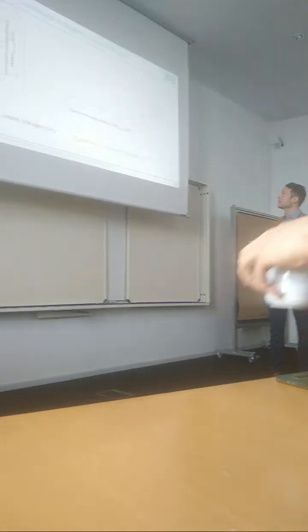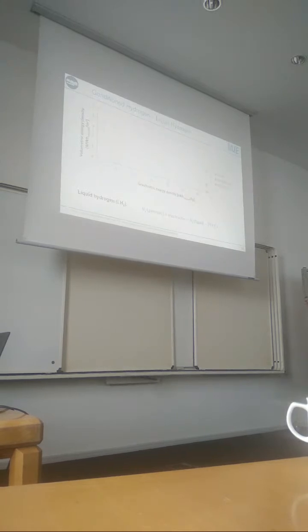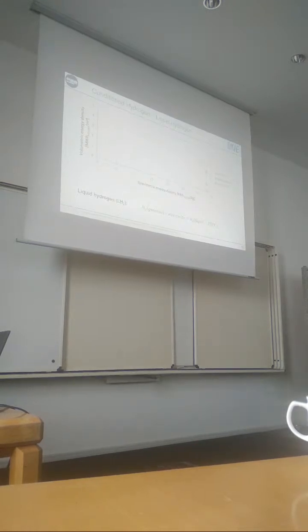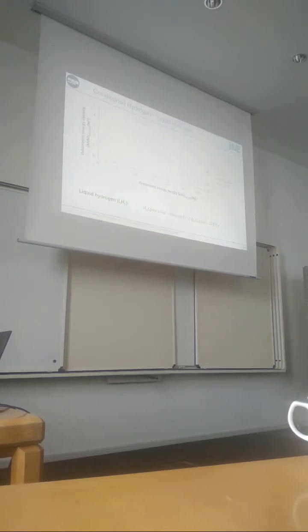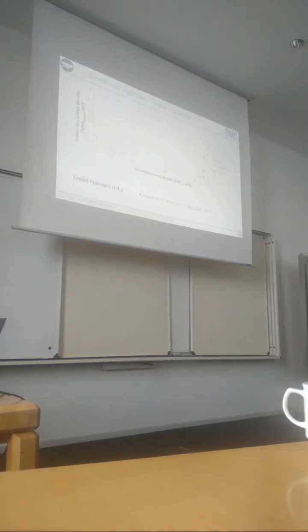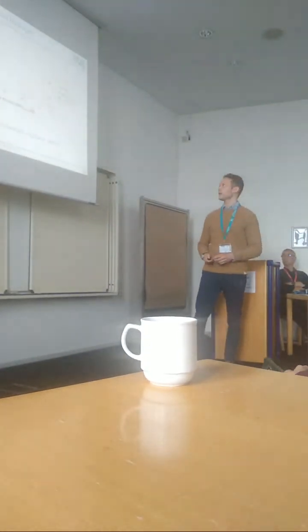Here we can see that liquid hydrogen needs to be liquefied at temperatures of minus 253 degrees, and then the volumetric energy density is more than 2 times higher than for compressed gaseous hydrogen at 350 bars. So this is an energy density where it becomes interesting to ship hydrogen over the sea. But we need more electricity to liquefy the hydrogen, because minus 252 degrees is very, very cold, so we need to put a lot of effort into it.